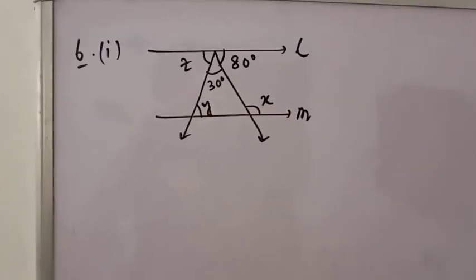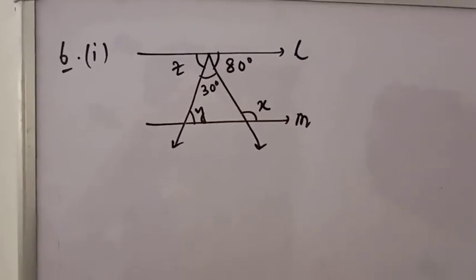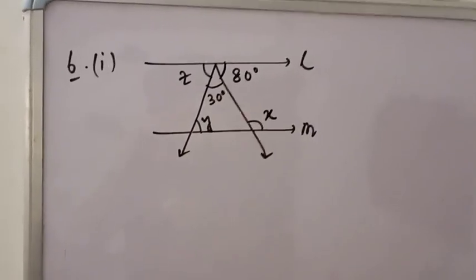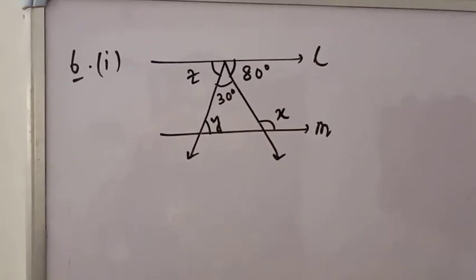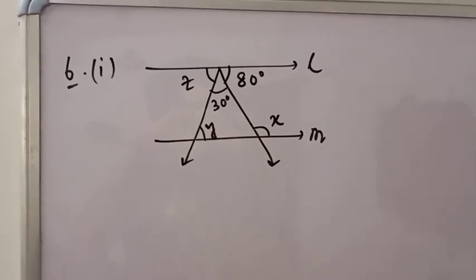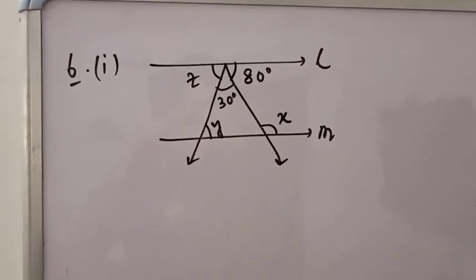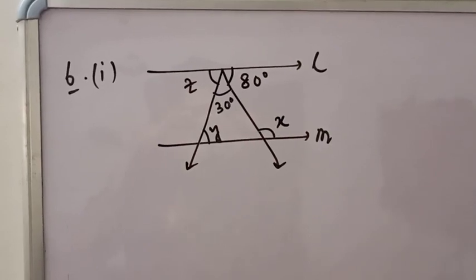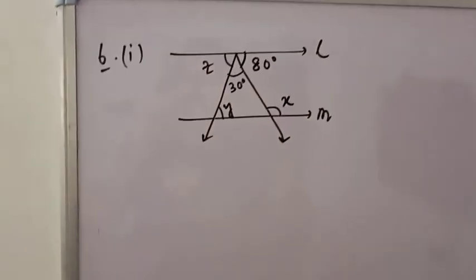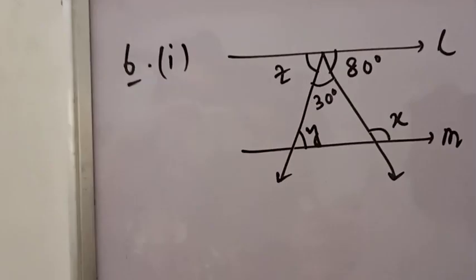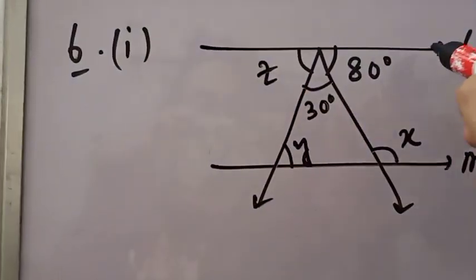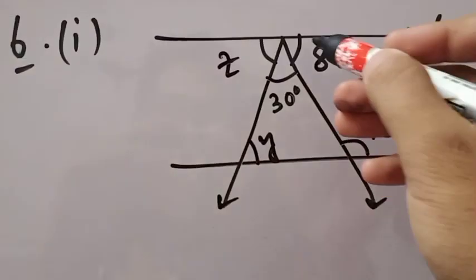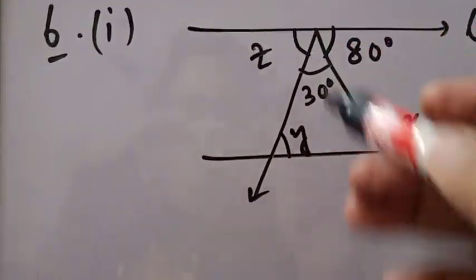In number 6, see that L and M are two lines and you have to find x, y, z here. Now in the given figure, you have to find x, y, z. So see that we know that this is a straight line. That means the value is 180 degree. That means this and this plus this equals 180.